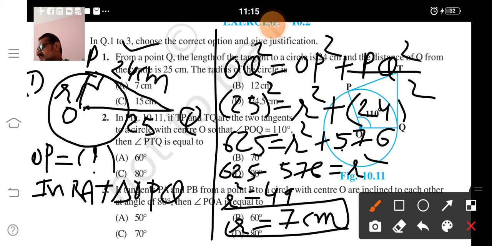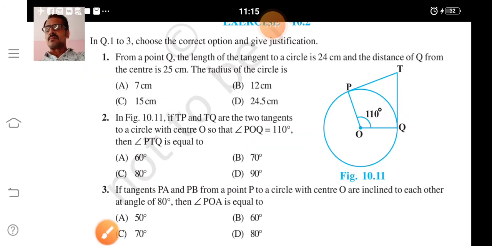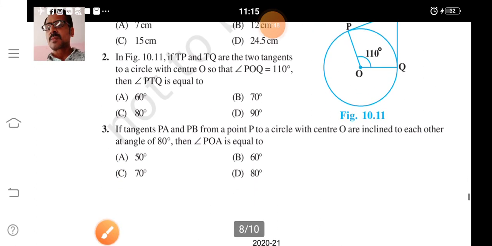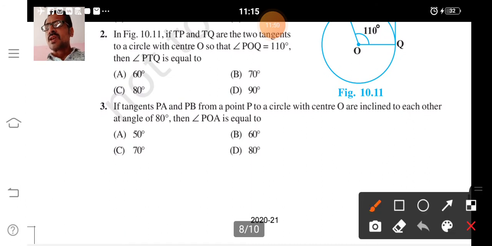Here it is. The next question is question number 2. So option A is our answer. Now we will solve the second one. In figure 10.11, we have a figure over here.